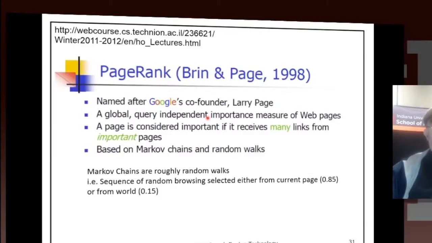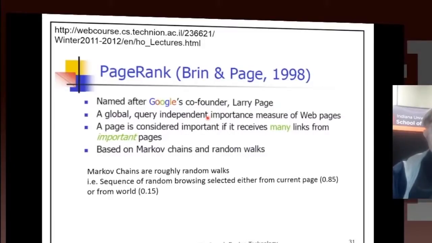And it is, as it says here, based on a random walk or a Markov chain idea. For the purpose of these lectures, Markov chains are roughly random walks. And we look at what happens when we have people or agents moving through the internet, and at any stage they're on a page, and they select equally from all the links on the page another page and go to it. So do that 85% of the time.